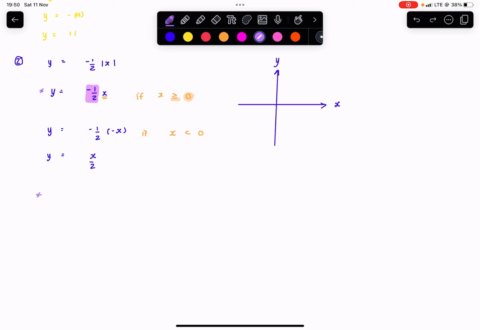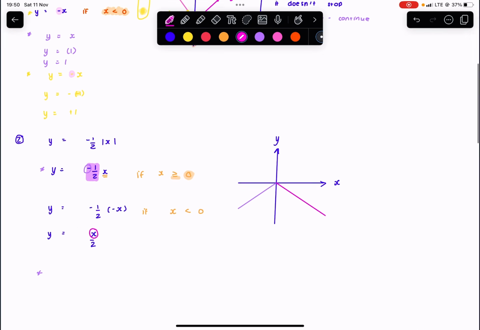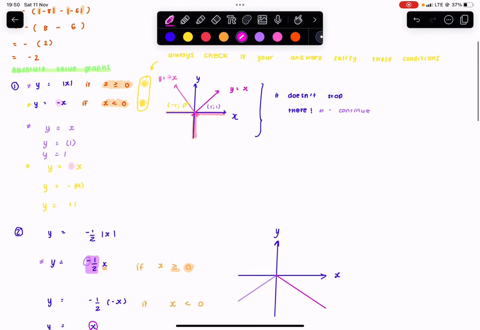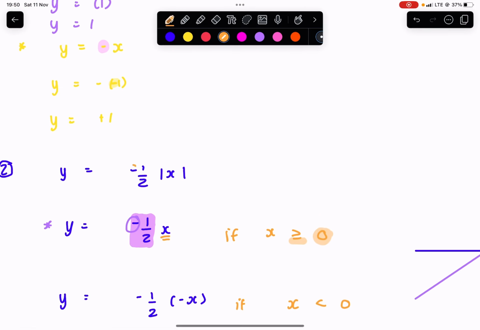Oh no, I'm sorry. This has the negative gradient, so it's definitely going to be looking something like this. And this has the positive gradient, so it's definitely going to be looking like something like this. The reason why I know the graph looks like this and it's not oriented upwards, such as the one above, is because we have a negative value in front of the half.